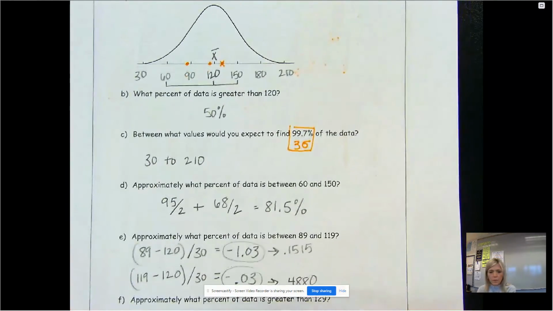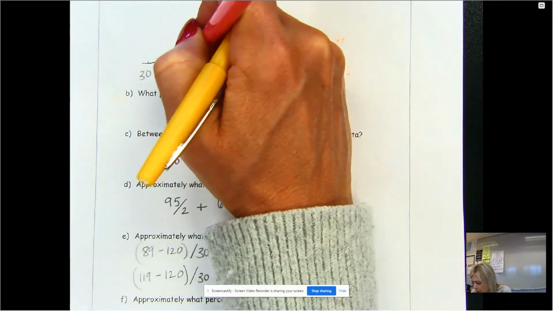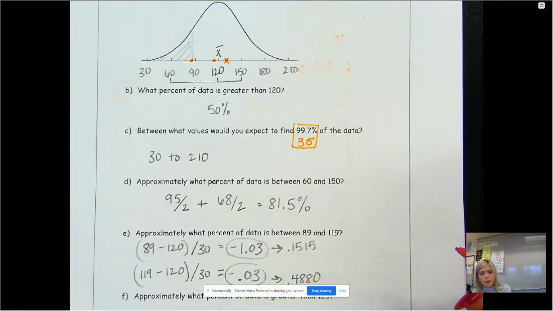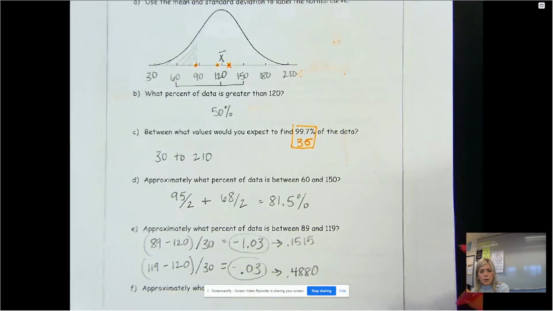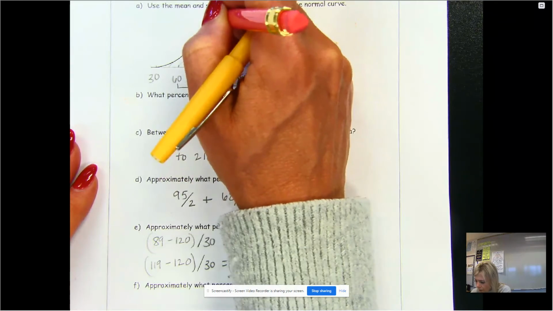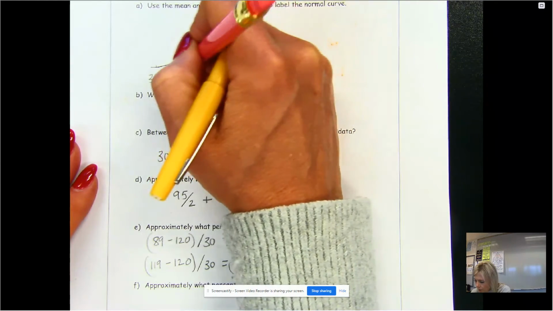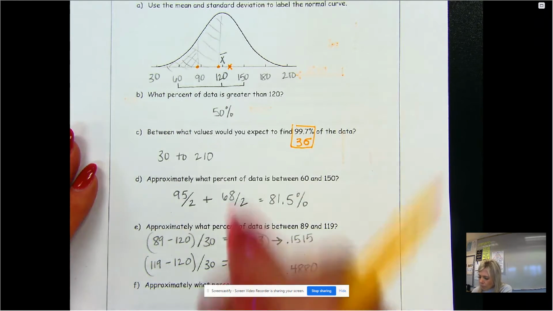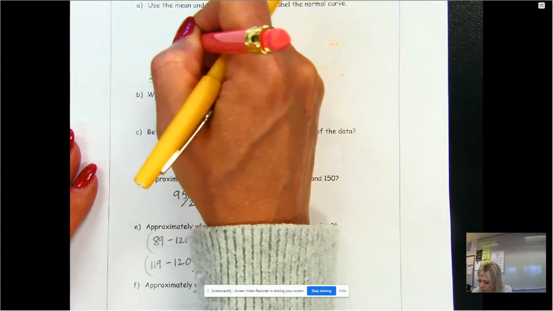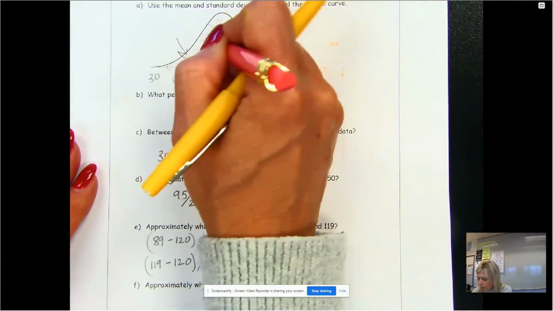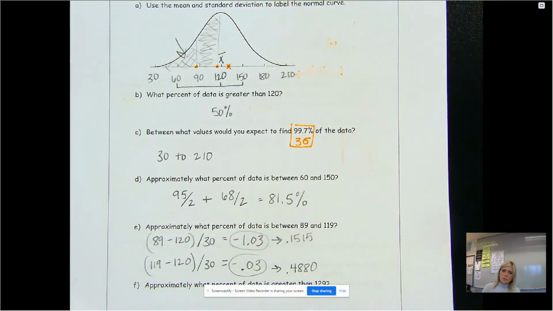So the first one, the 0.1515, tells us that below this data point is approximately 15.15% of the data. And then the 0.4880 tells us that below this data point, there's approximately 48.80% of the data. What we're looking for is what's in between, so we have to subtract this piece so that we just get the area right here between those two data points, okay?